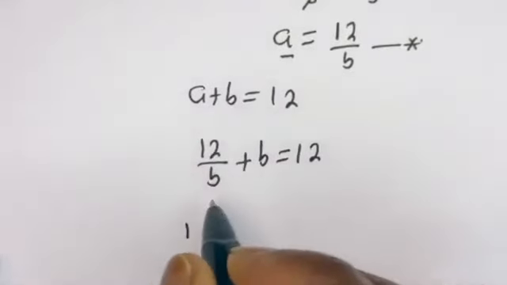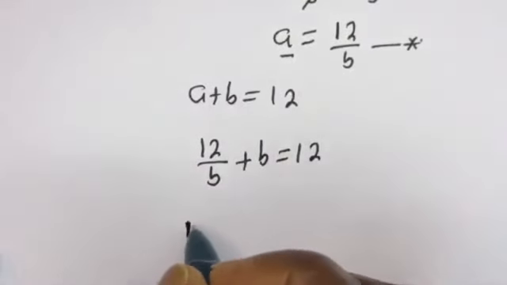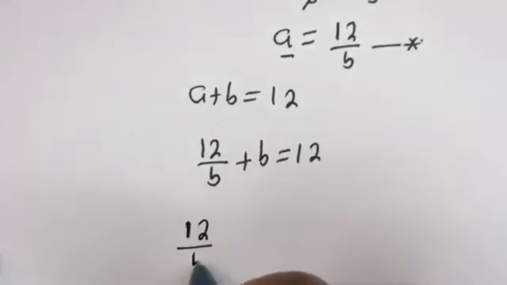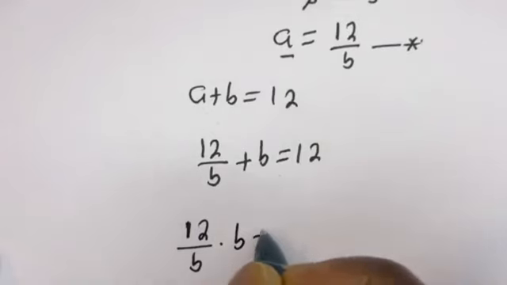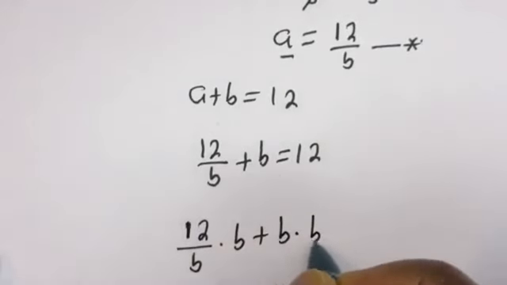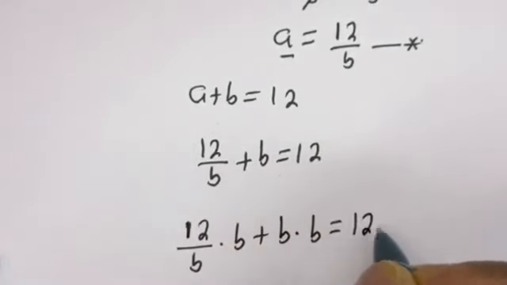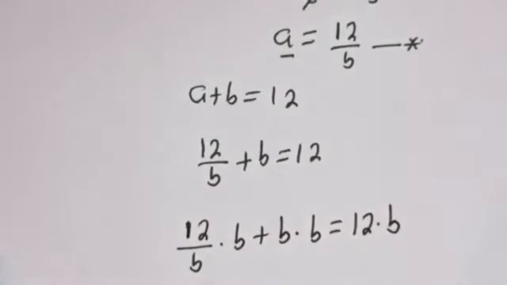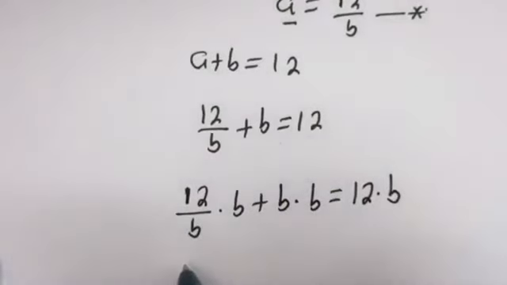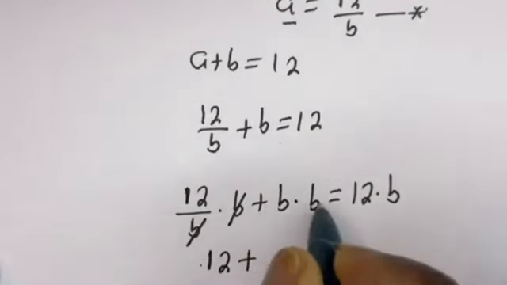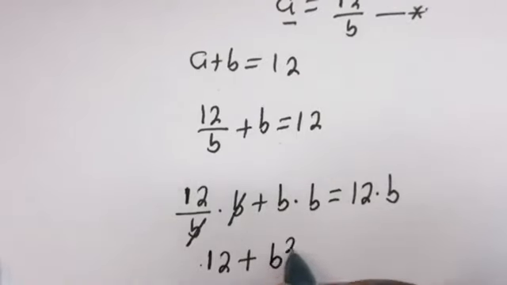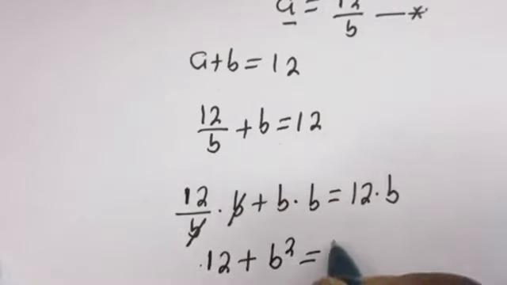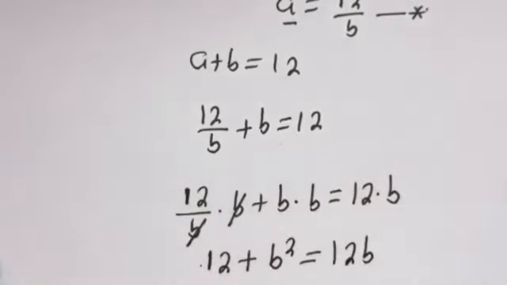Let's multiply all through by B. 12 divided by B multiplied by B plus B multiplied by B is equal to 12 multiplied by B. This we cancel. We have 12 plus B squared is equal to 12B.